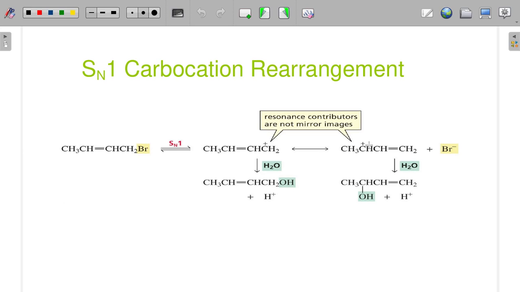So you do get those rearrangements, and you will get two different products in this case. In this particular one, we would be expecting this mostly to be our major product because of the fewer H's off the double bond. But at this point, there's a little bit more going on than just the double bond factoring in. So right now, we're just going to focus on the fact that you get mixtures when you use allylic.